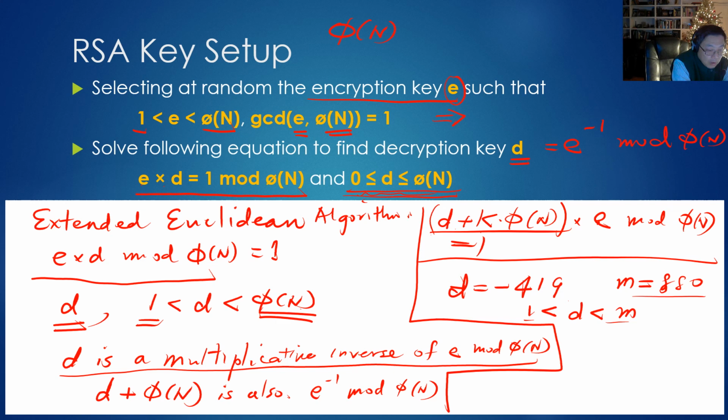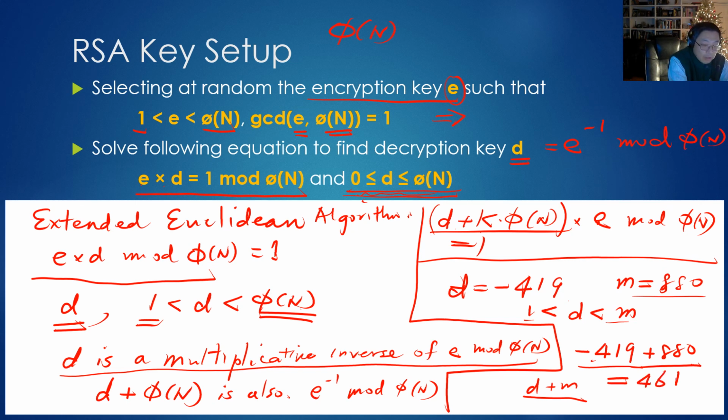It's pretty simple. We just add 880, because that's D plus M, and D plus M is also a multiplicative inverse. When we add these two numbers, what value do we get? It's 461, and 461 is between 1 and 880. So we accept this as the other key.